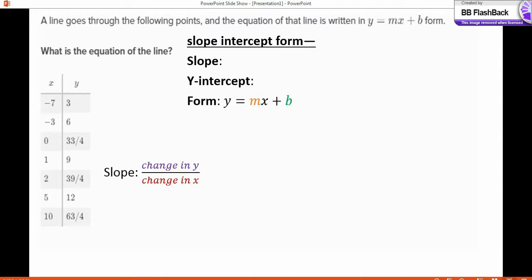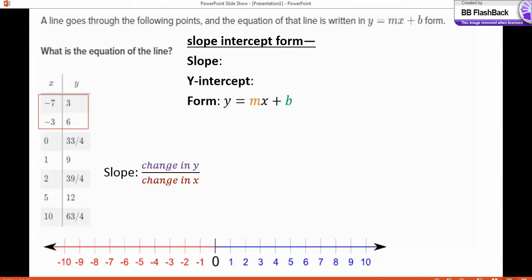To find the slope, we know that our formula is change in y over change in x. We're going to need 2 points and a number line. First, let's find the change in y, the change in the y-coordinate of these 2 points. The y-coordinate of my first point is 3, the y-coordinate of my second point is 6.